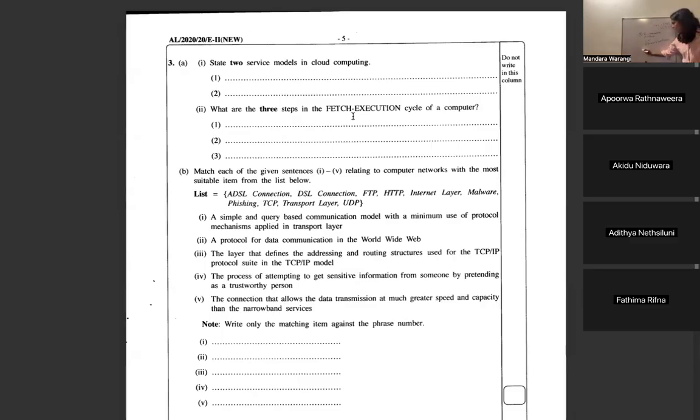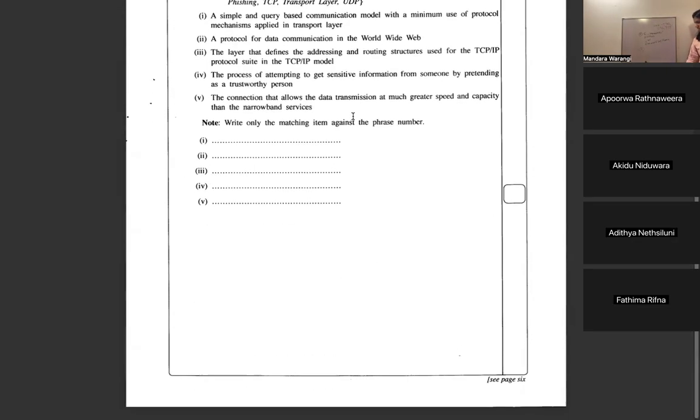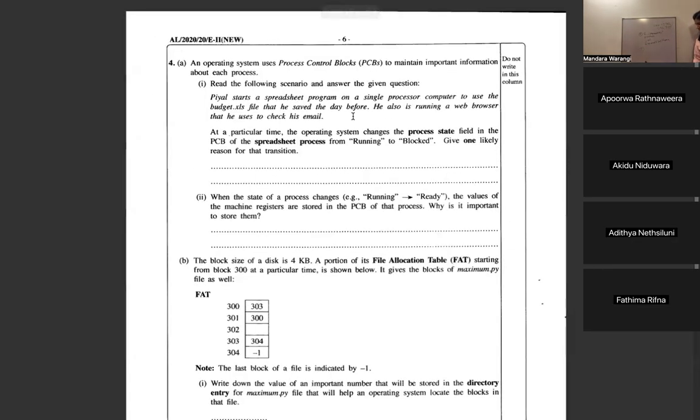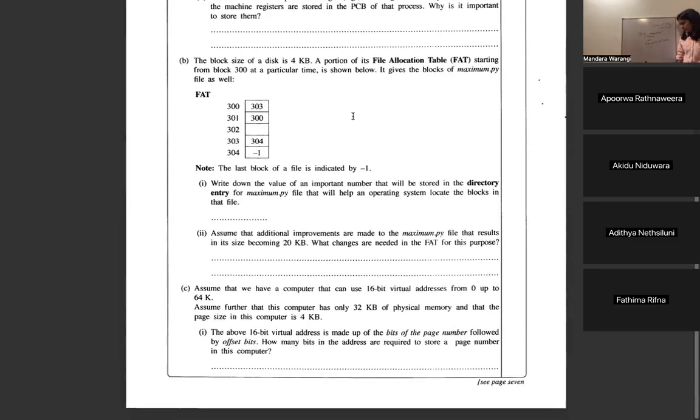And the third question centered around what? Operating system. Now there is a chance that this operating system lesson could come in Part B, the essay questions in the second paper, right? Part B of the second paper, essay questions, but it can change.